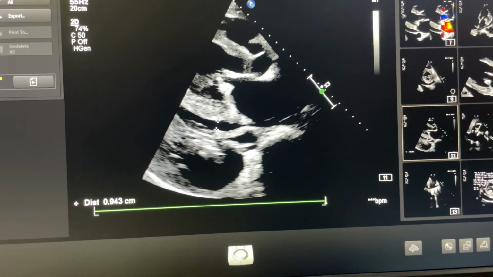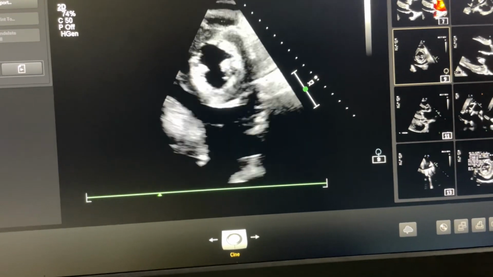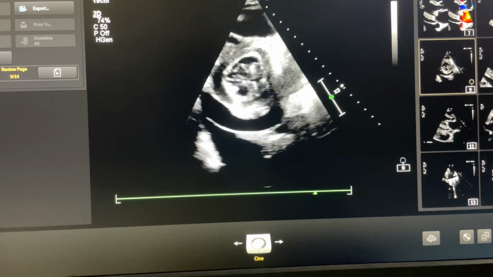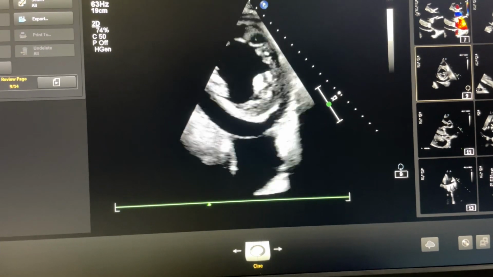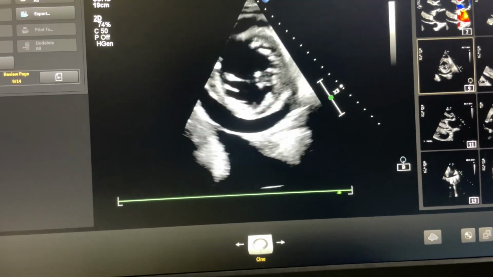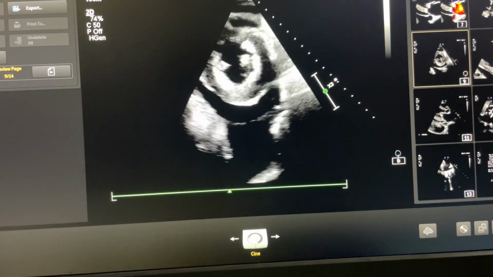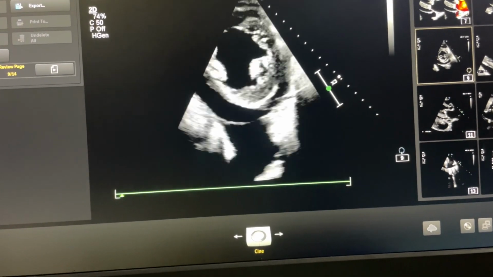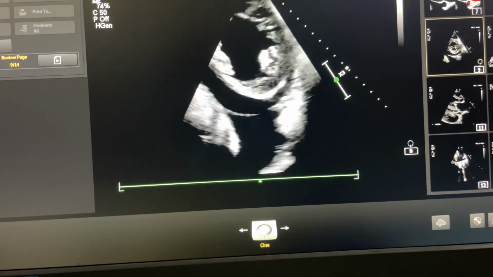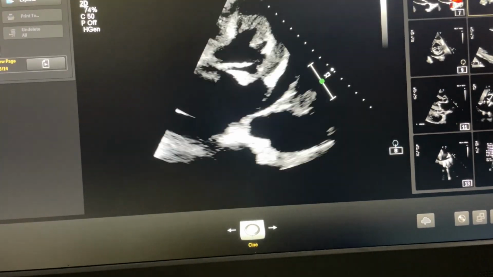So ultimately, this is the case of papillary fibroelastoma of posterior mitral leaflet, pericardial effusion, severe anteromedially directed, eccentric mitral regurgitation.